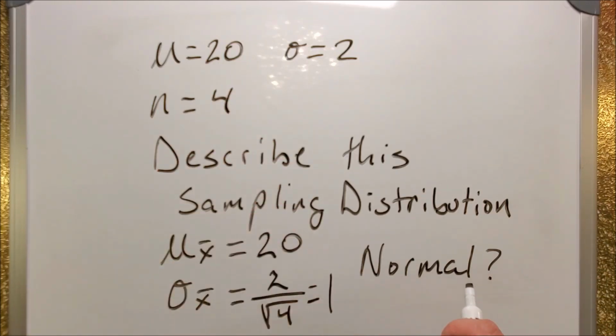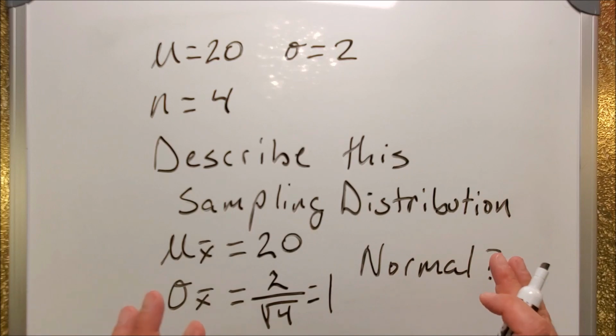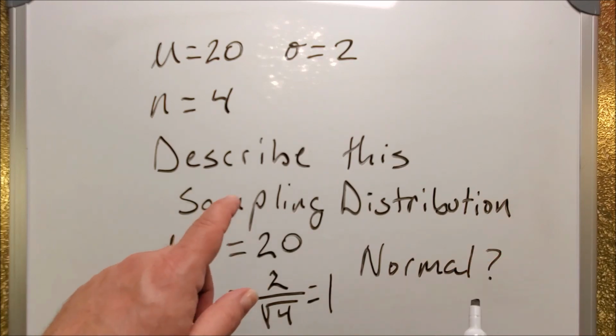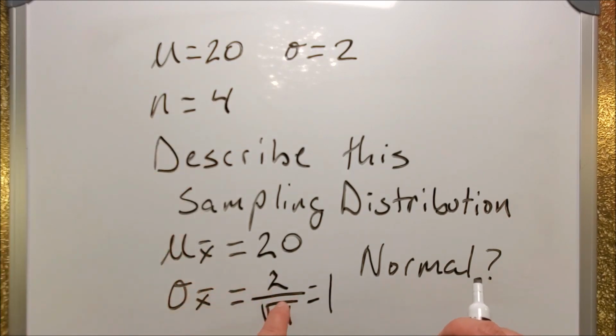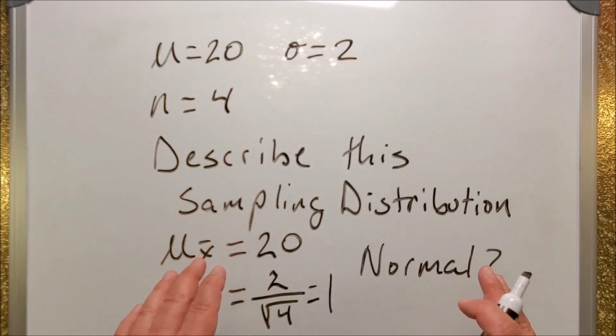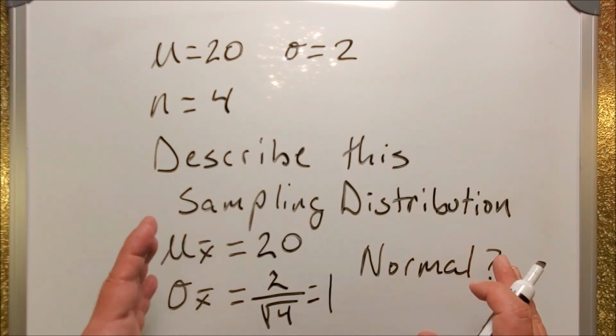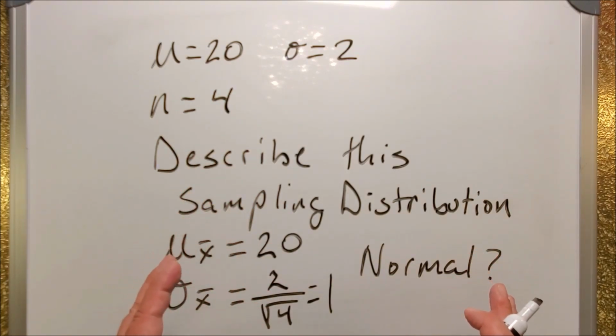But just finishing the package, describe the sampling distribution. Is this going to be normal? Answer, we don't really know. If this population is normally distributed, then this sampling distribution will be normally distributed also. But if it isn't, then the sampling distribution would not very likely be normally distributed.